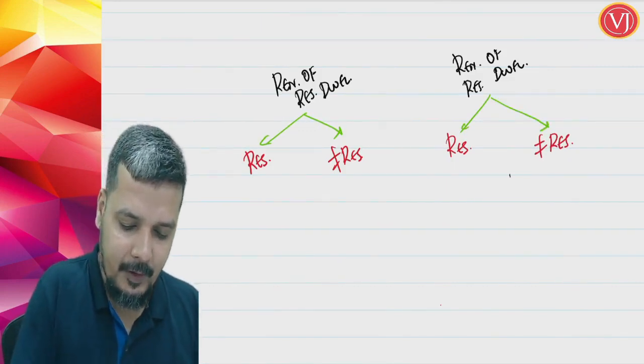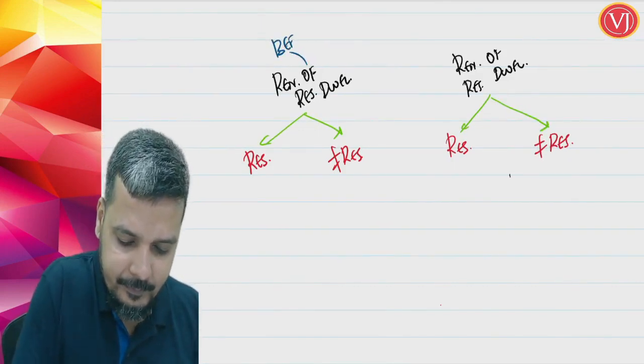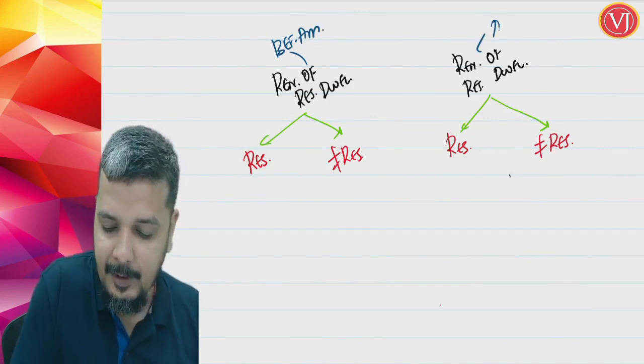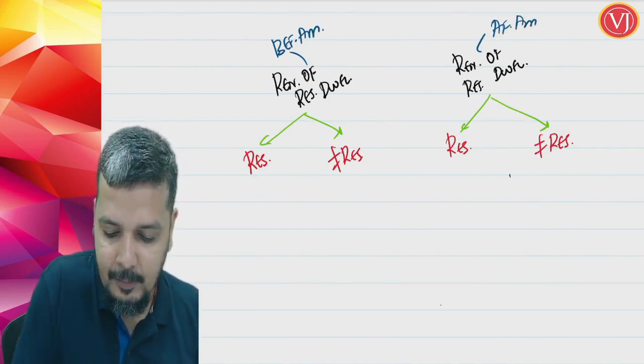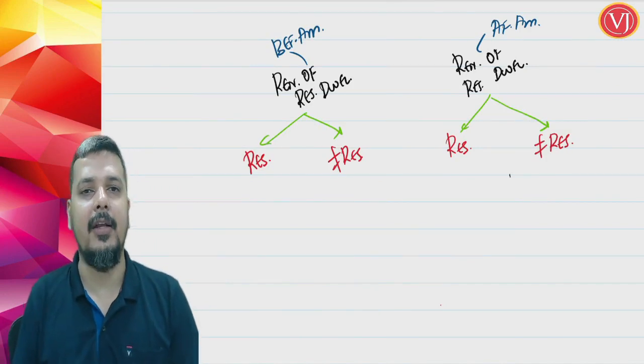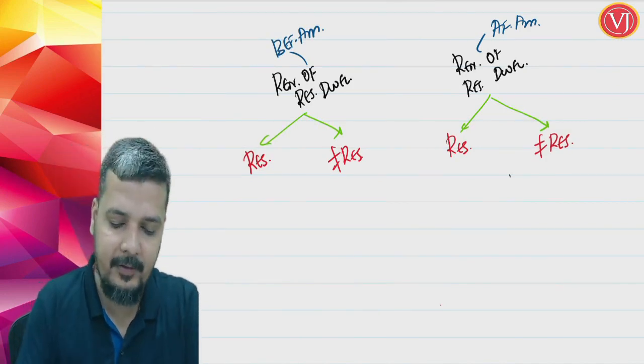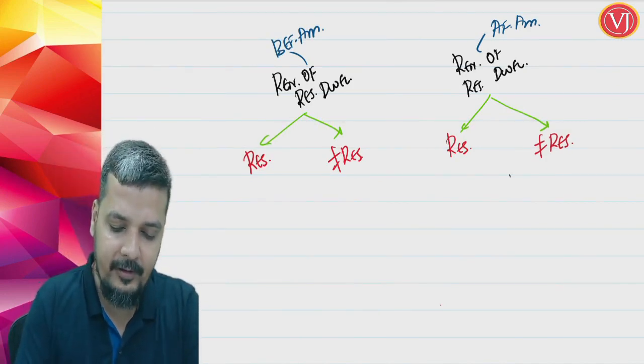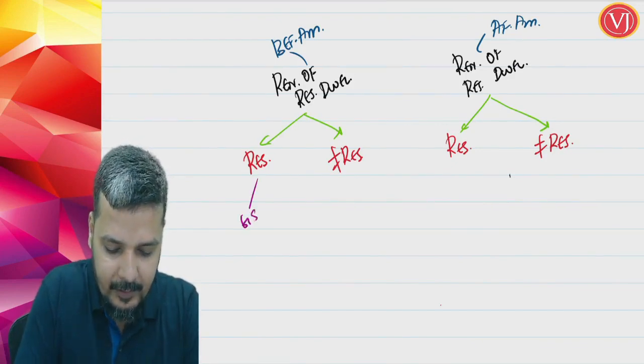Previously, before the amendment, if it is renting of residential dwelling and it is used for residential purposes, it was exempted.